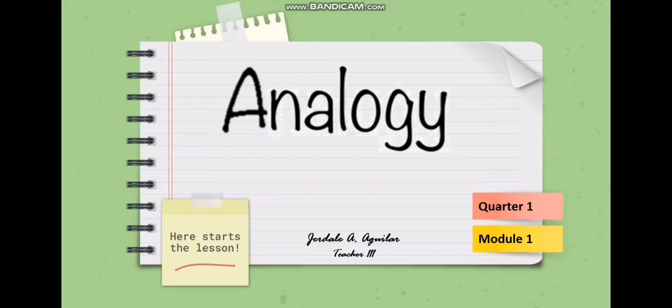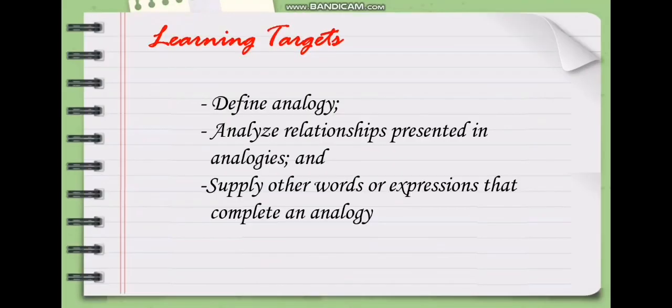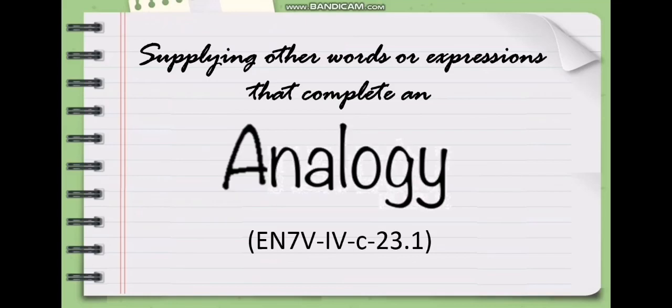So let's start. In this slide, you can see the list of learning targets that will serve as your personal goals, that by the end of this session, you will have acquired a skill in analyzing relationships presented in analogies and supplying other words or expressions that will complete an analogy, because you already know what an analogy is and how it works.